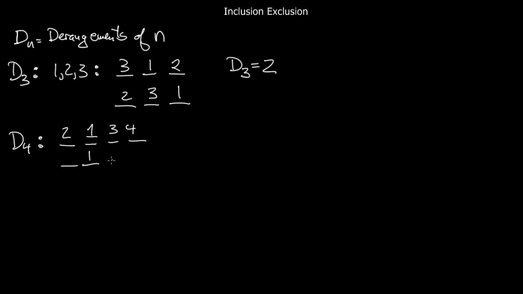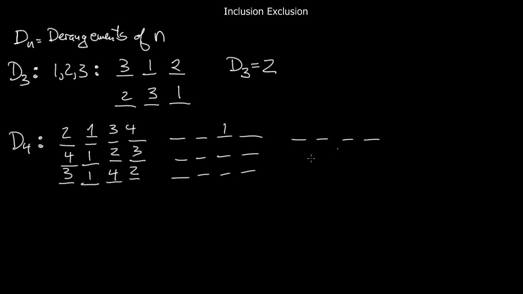So I could do this, or I could put 2 here, and then I'm forced to do 4, 3, or I could put 2 in the last place, in which case I'm forced to do 4, 3 like this. And if I put 1 in the third place, well, then how many places are there to put the 2?